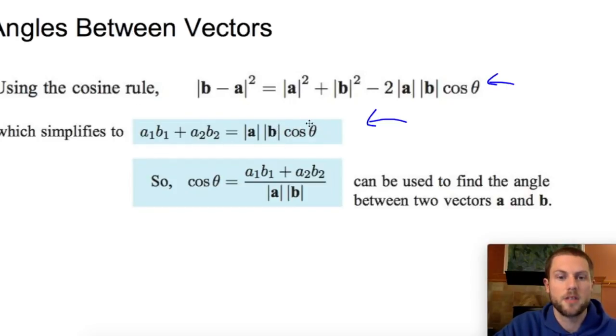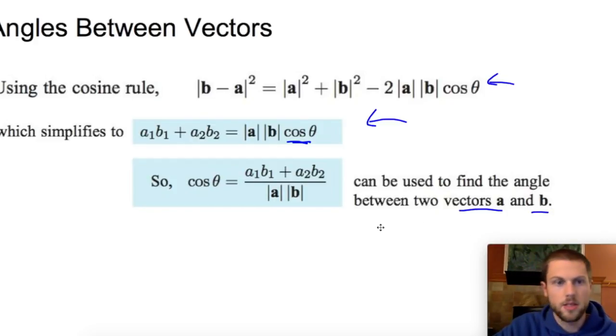But that simplifies to this, and I can find that angle by solving for the cosine, doing a little bit more algebraic rewriting, and I get the cosine of theta equals A1 B1 plus A2 B2, all divided by the product of the magnitudes of vectors A and B. So we can use all of this information to find the angle between these two vectors.